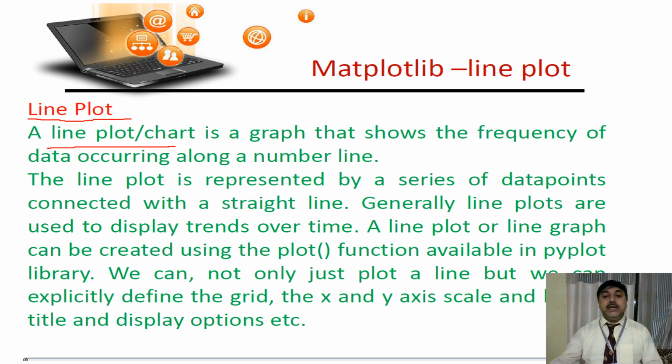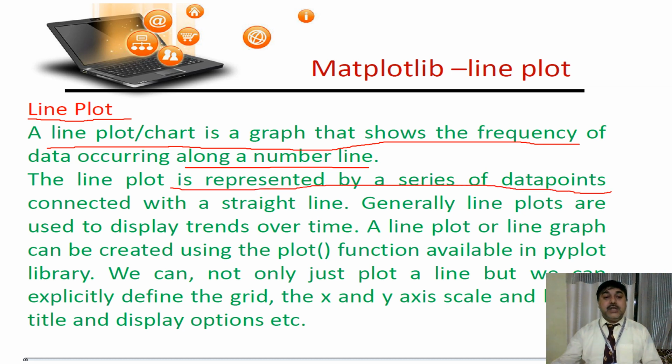This is a graph that shows the frequency of data that occurs along the number line. The line plot is represented by a series of data points, connected with a straight line.